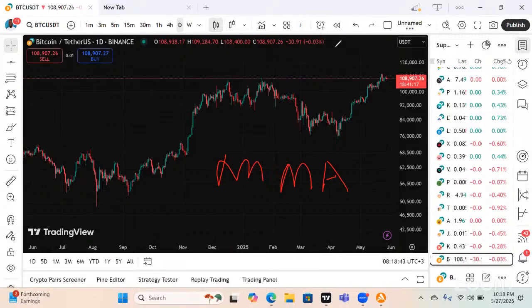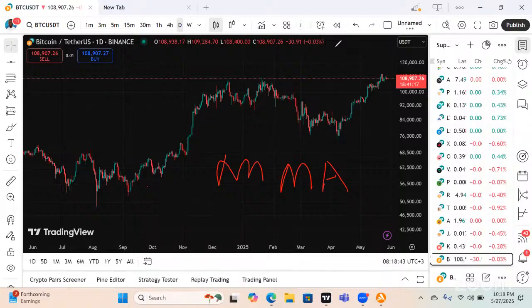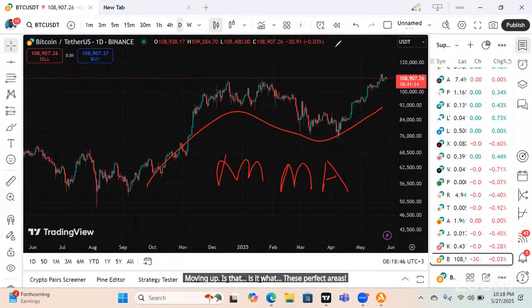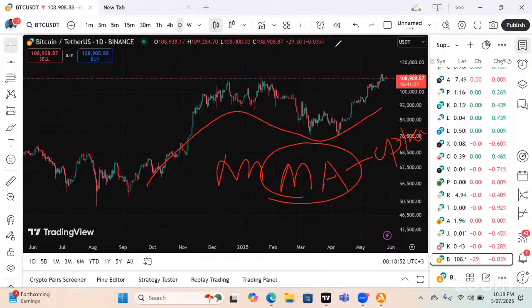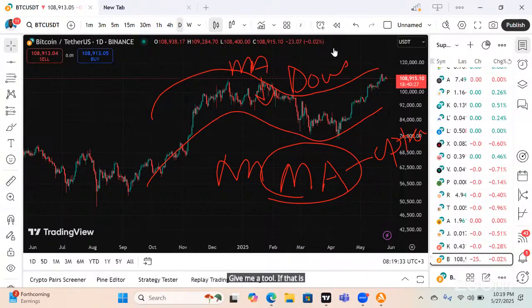If the price is on average above this line, then the market is moving up. Is that easy to understand? These perfect areas help us understand the trend. Is that clear? Give me a 2 if that is also clear. I'm moving very slow because I want you to understand. Give me a 2 if that is also very clear.